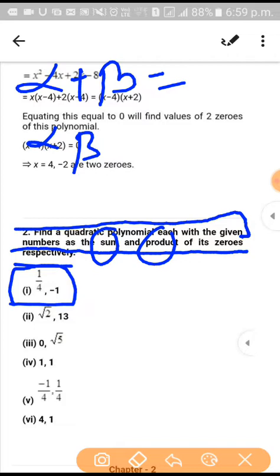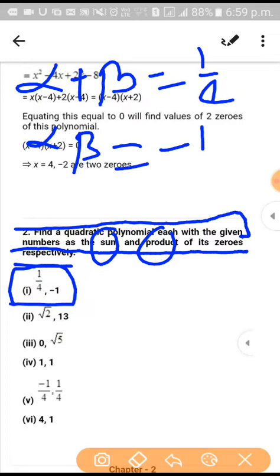In part 1, 1 by 4 is the sum of zeros, and minus 1 is the product of zeros, and we need to find the polynomial. So in our previous video we have discussed how to write that quadratic polynomial.